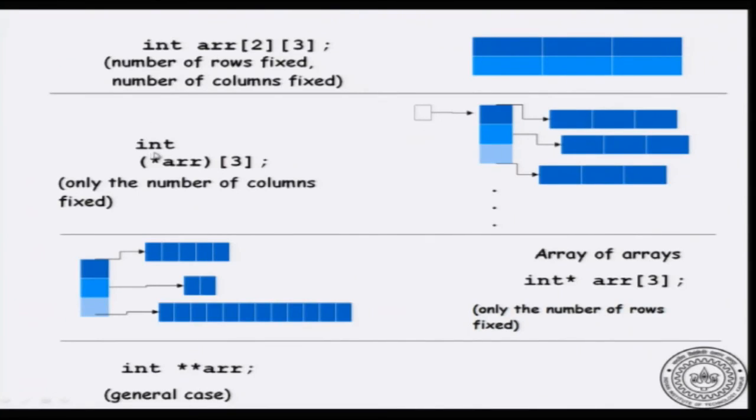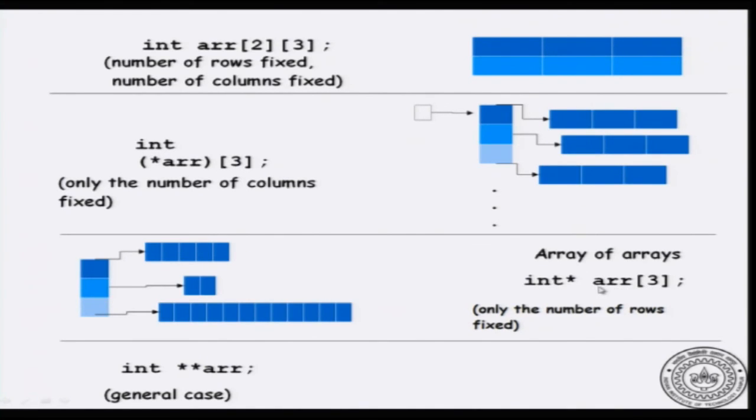Now, if you have int (*arr)[3], then this means that arr is a pointer to an array of size 3. So, here the number of columns is fixed, but the number of rows is variable. You can have any number of rows. On the other hand, the third case, int *array[3].